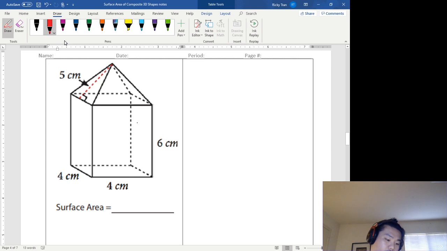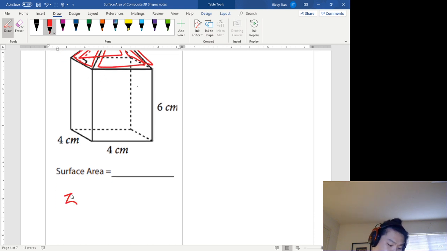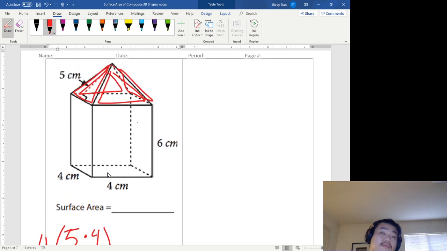Okay, so we have, again, four triangles at the very top that are the same. So that's just 5 times 4 divided by 2, and there's 4 of those triangles.